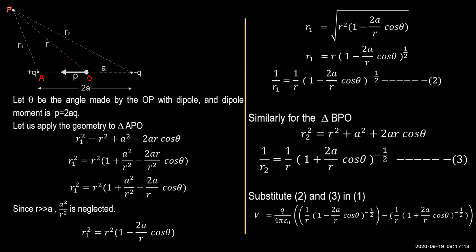If I consider the triangle AOP, then according to the geometry of the triangle, R1 square is given by one simple equation: R square plus A square minus 2AR into cos theta. Here A is the distance between A and O, and R is the distance between P and O. Hence, in the calculation of R1, these R and A play an important role.